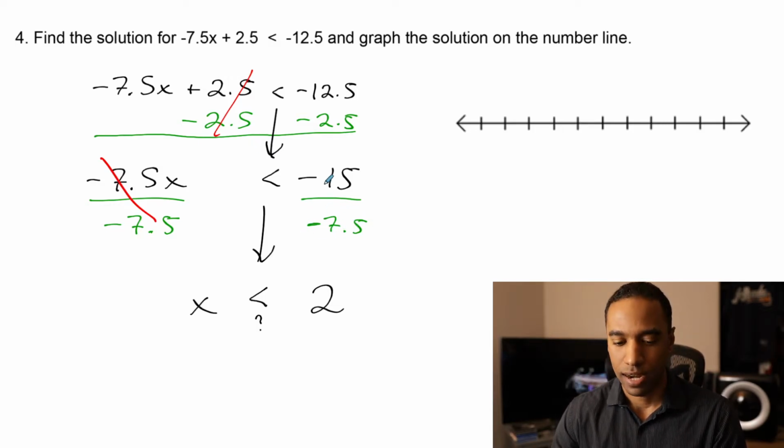Dividing by a negative kind of changes things here, guys. When you divide by a negative or multiply by a negative in an inequality, and I don't think I'm going to get too deep into this one. I know I've done it in older videos last year. But if you divide or multiply by a negative number in an inequality, what happens is the inequality flips. It actually turns over to the other side.